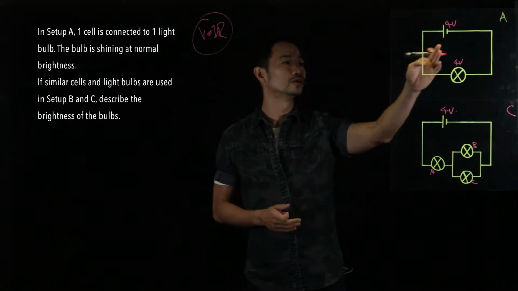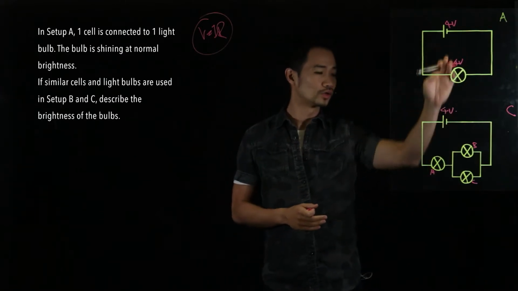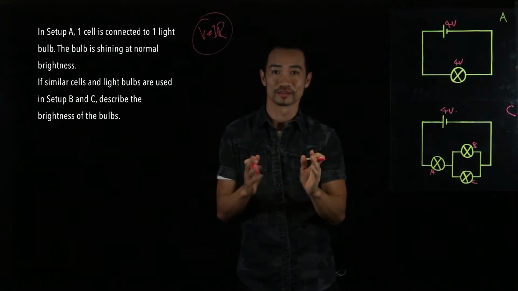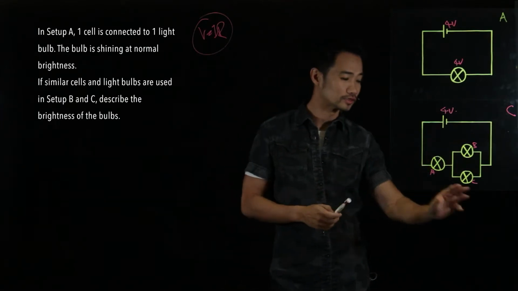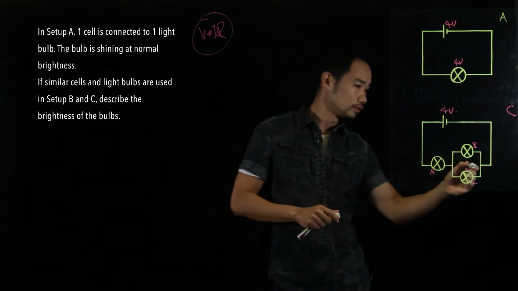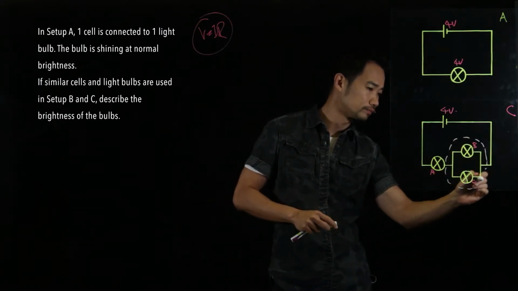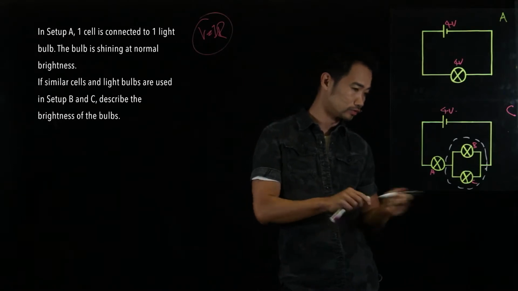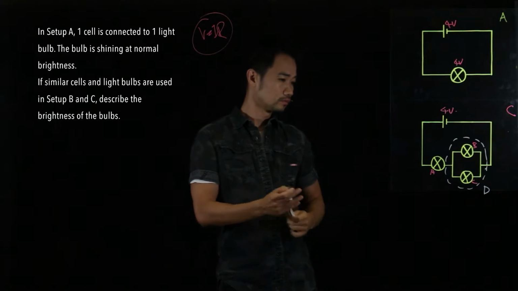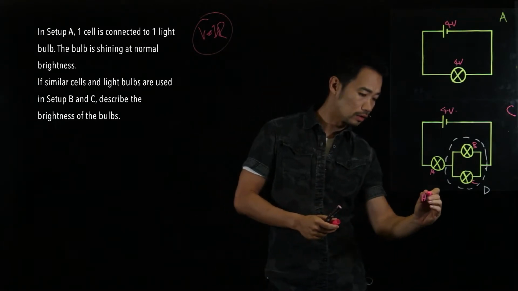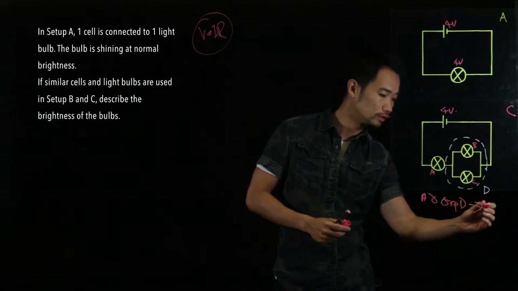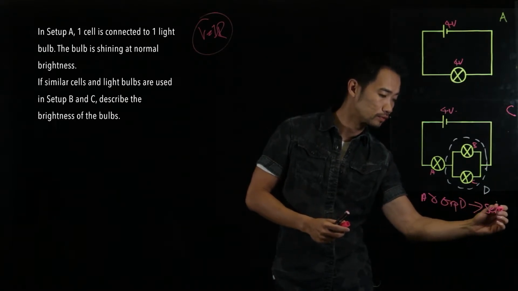We know that in our case it requires 4 volts to shine at normal brightness. Here, the connection between A and this group of light bulbs, let's call this group D. A and group D are in series.